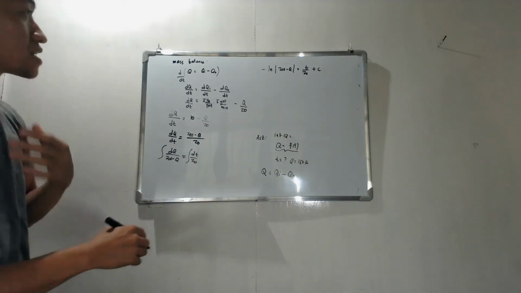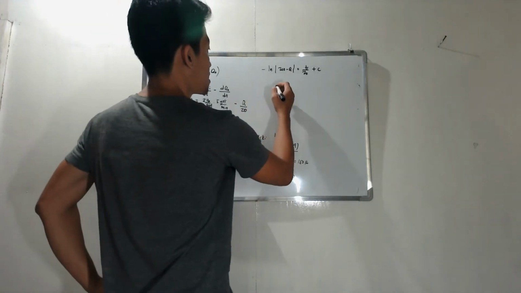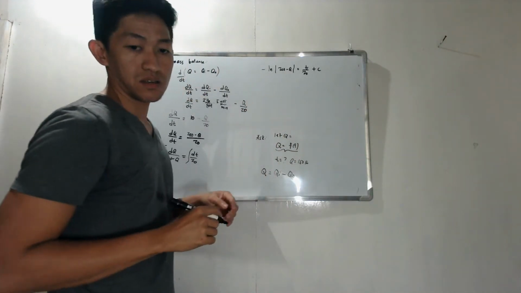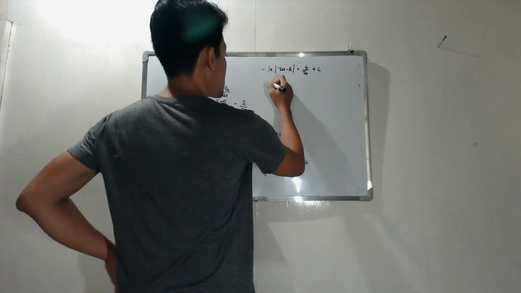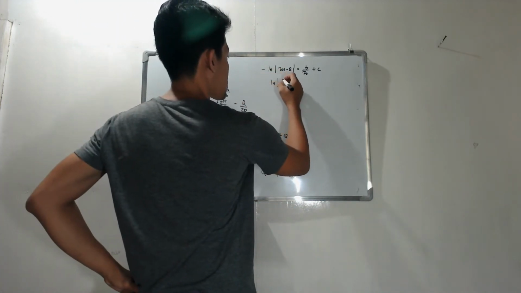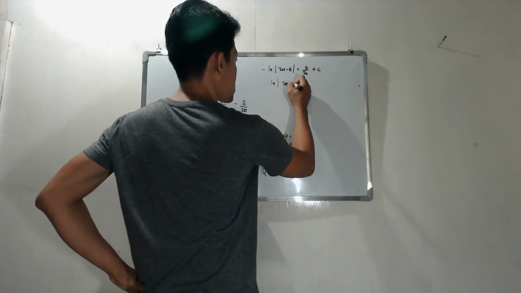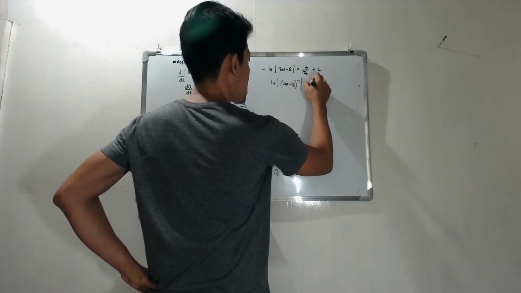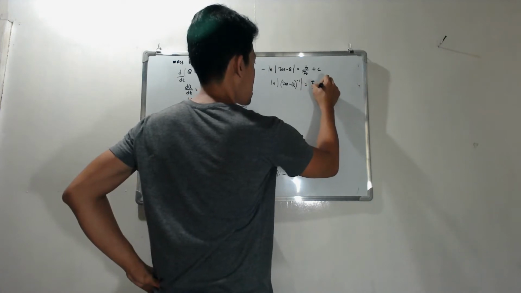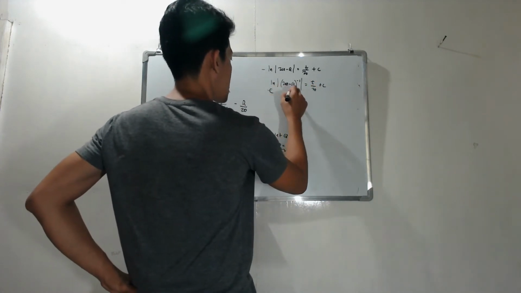And then we put this negative sign into the equation, and you have 200 minus q raised to negative 1. Raise this to e.